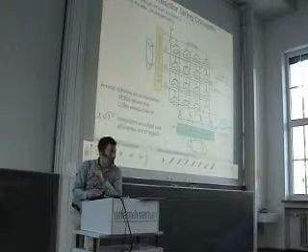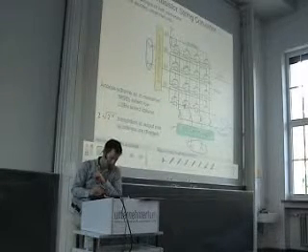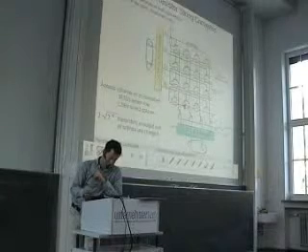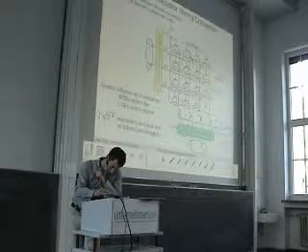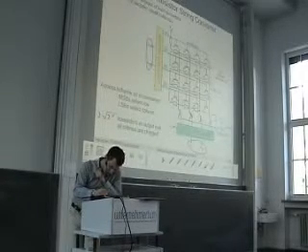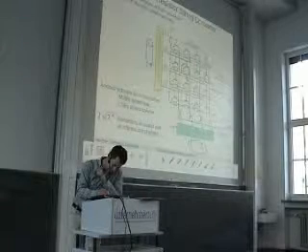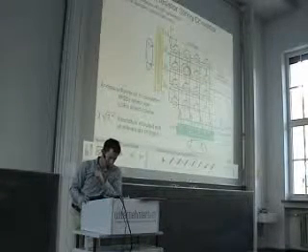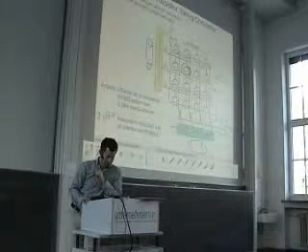All the other transistors in a certain column, for instance this one or this one and this one, are disabled. So this column here is only connected by this device to a certain voltage out of the resistor string.